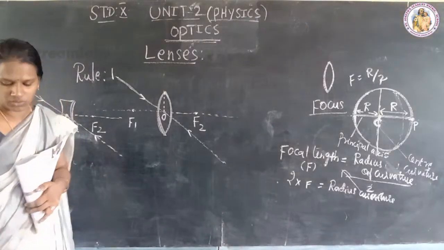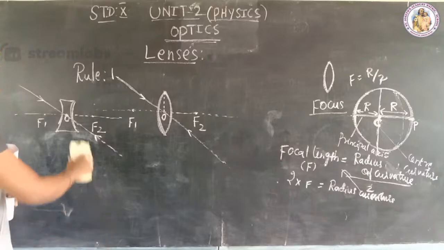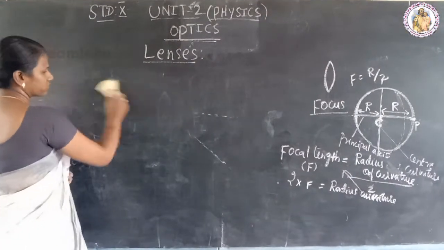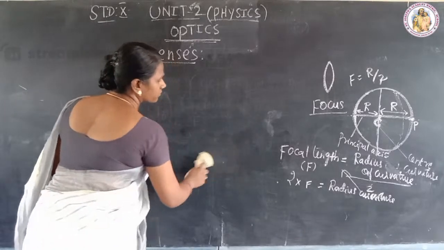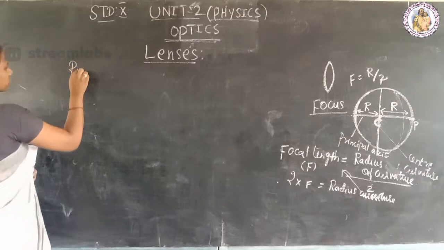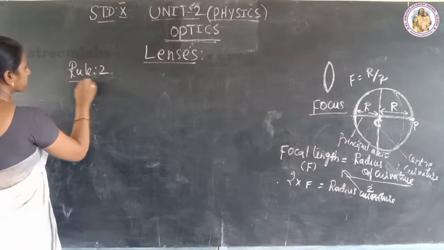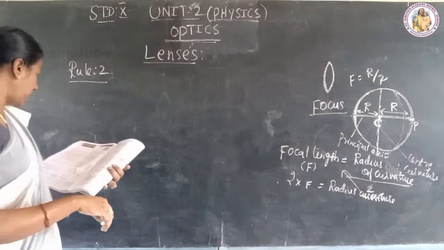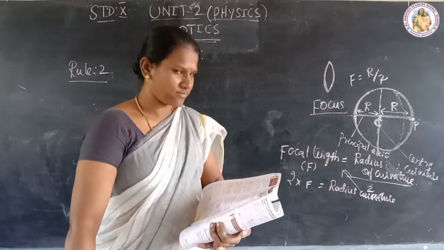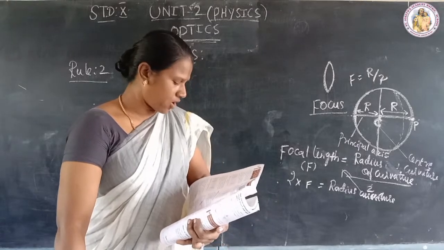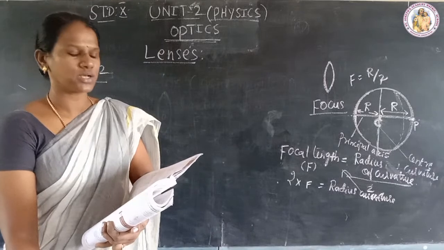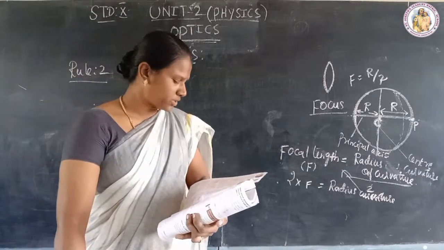And what about rule 2? When rays parallel to the principal axis strike a convex or concave lens, the refracted rays converge or appear to diverge from the principal focus.